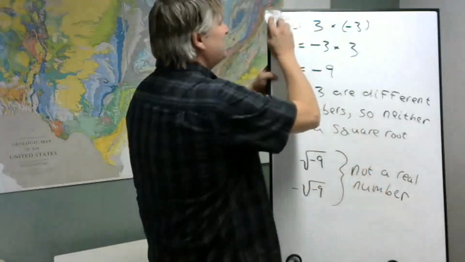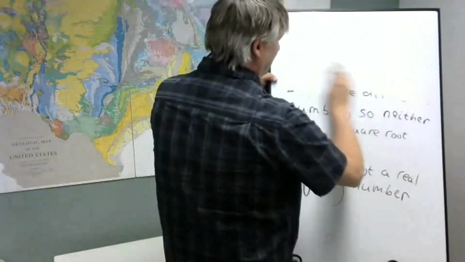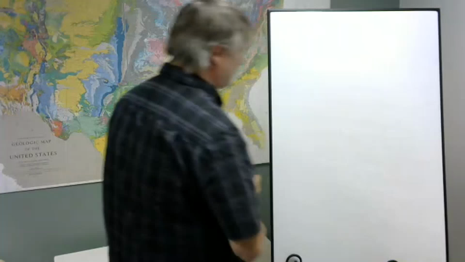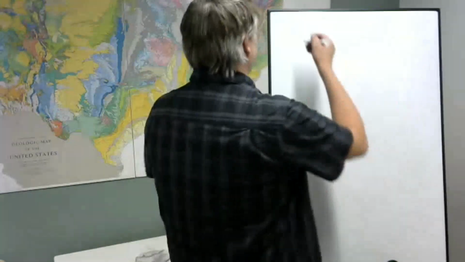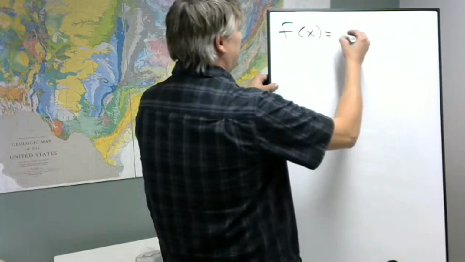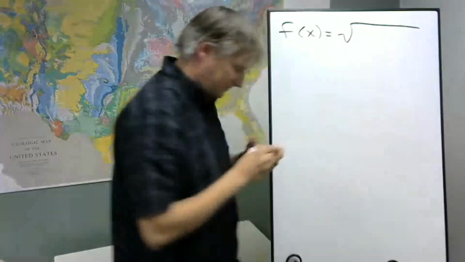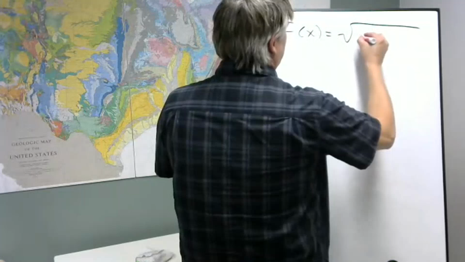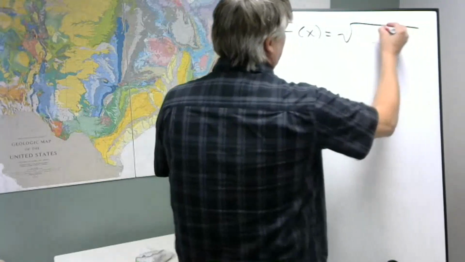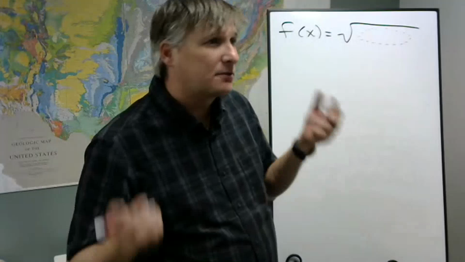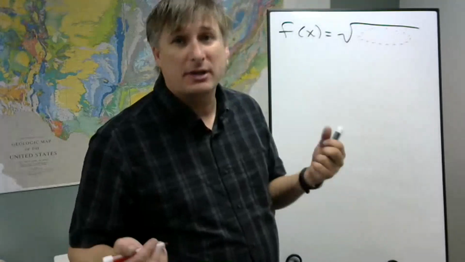So what does this have to do with domain of f of x? So if we have f of x and we have a square root, and we have something in here, some expression, whatever is inside the square root has to always be greater than or equal to 0.